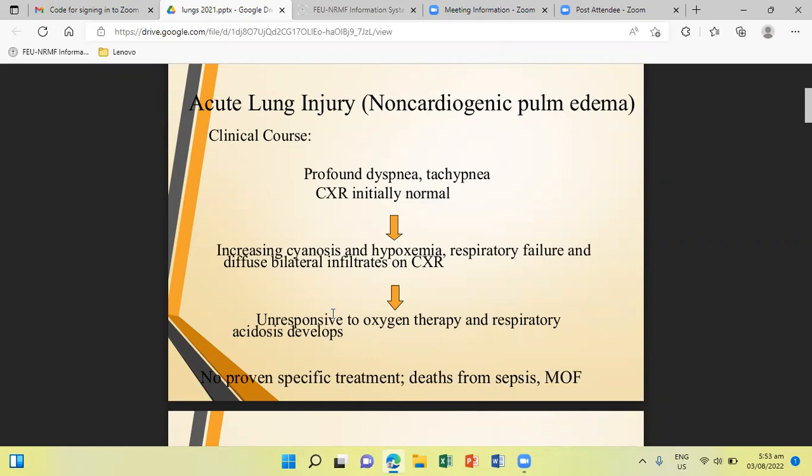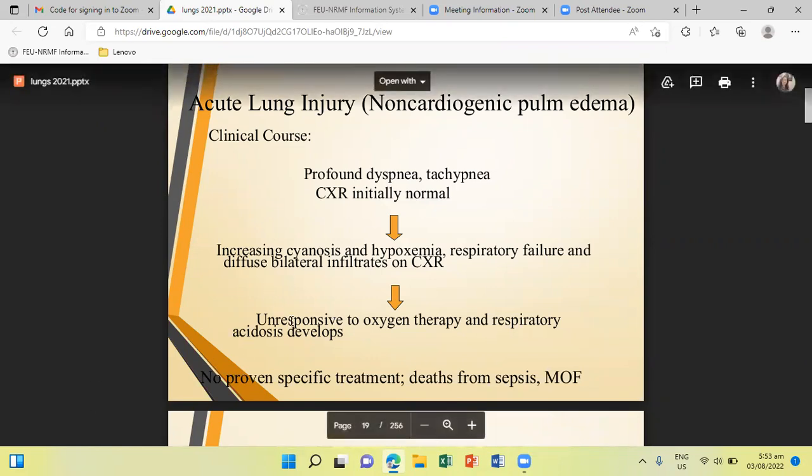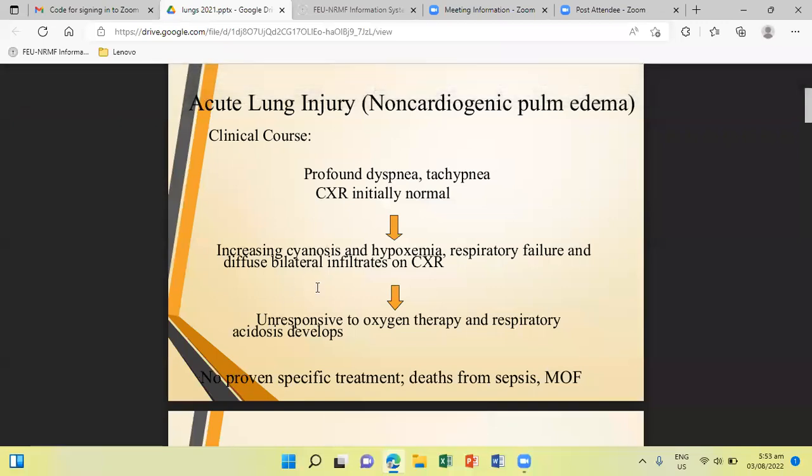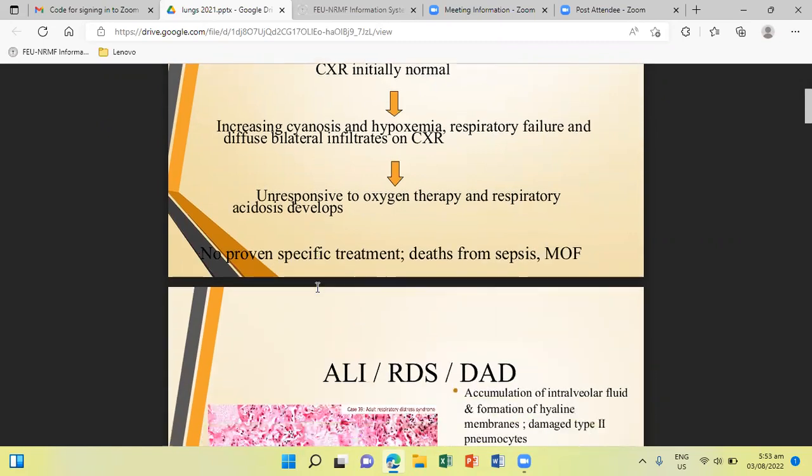When you do the X-ray, there are usually diffuse bilateral infiltrates on radiographic examination. Patients are usually unresponsive to oxygen therapy, and so hypoxemia and respiratory acidosis are expected to develop. Early in the course, the lungs become stiff due to loss of functional surfactant.